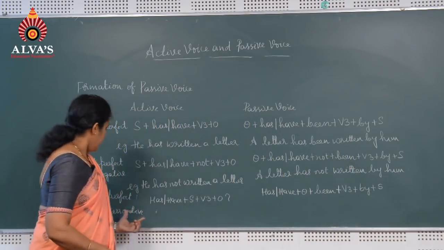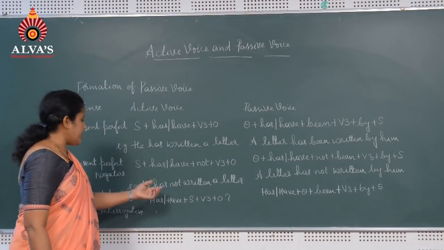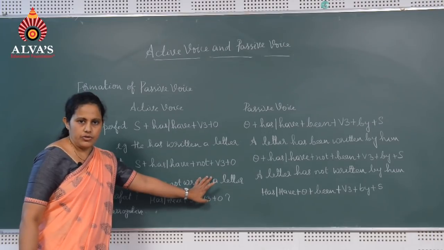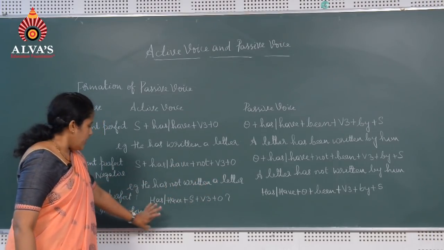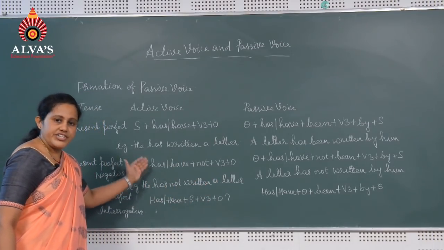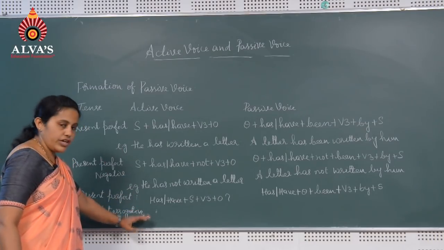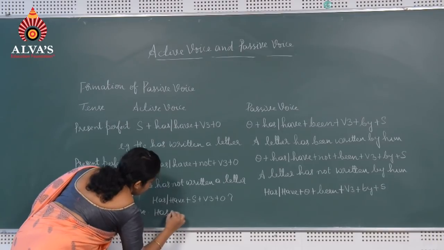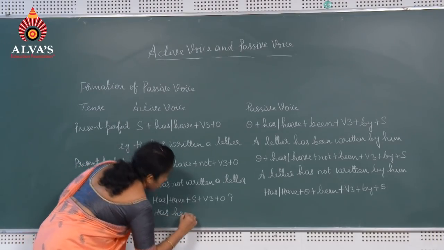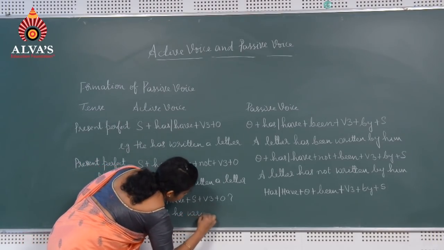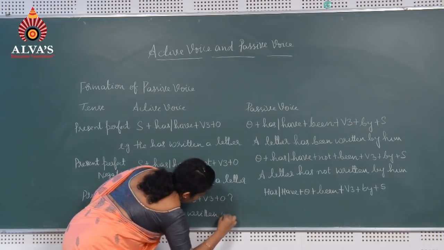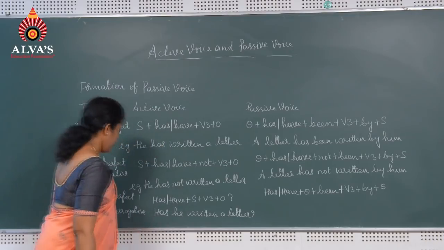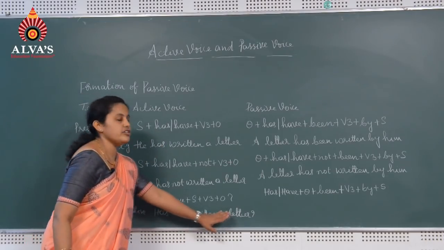See here, if we take this example, he has not written a letter, this is a negative sentence. If we take the same example as an interrogative sentence, that is, has he written a letter? Has he written a letter?